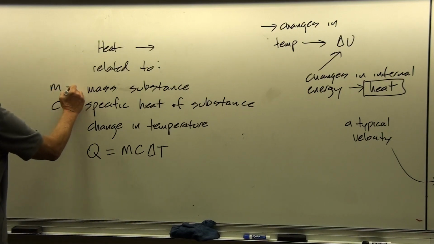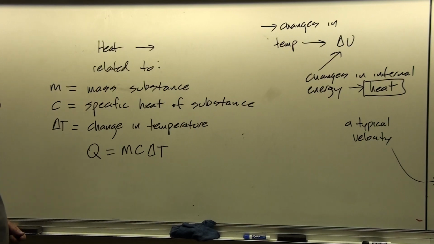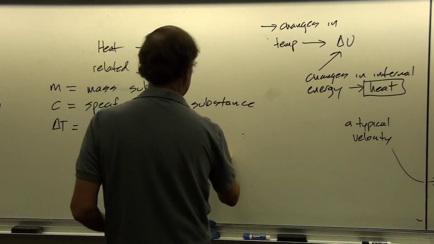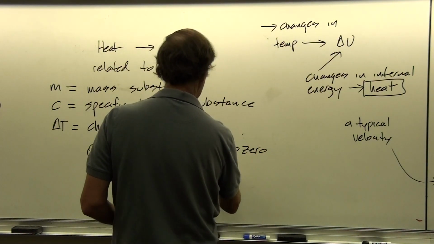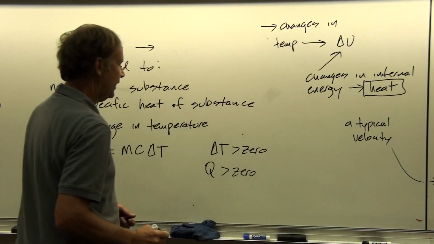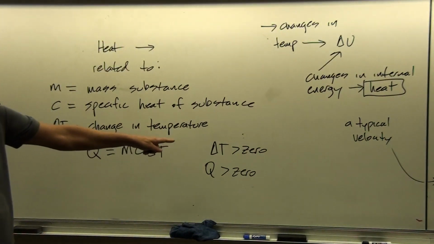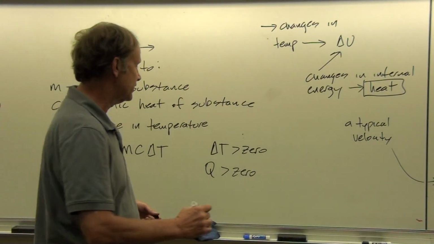Okay, so c is what we'll call the specific heat, m is what we'll call the mass, and the change in temperature is what we're calling here delta T. Okay, and so if the change in temperature is positive, then Q is positive. And so Q greater than 0, or delta T greater than 0, means that heat enters the system.